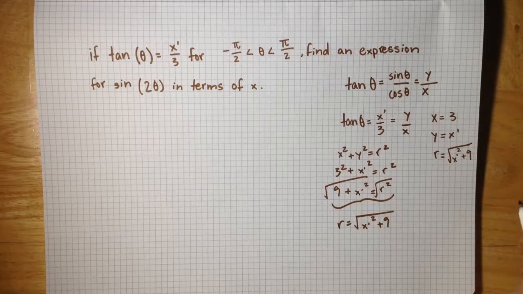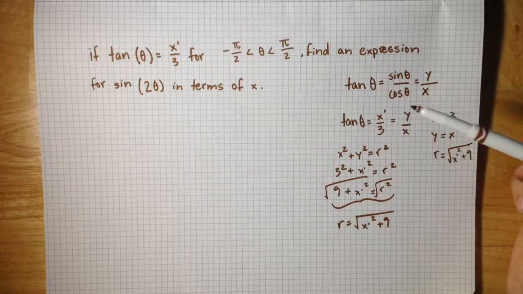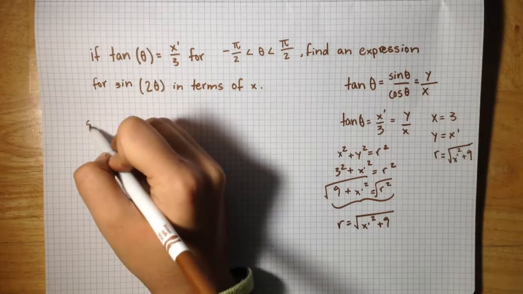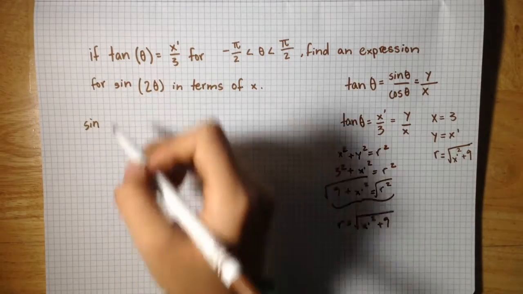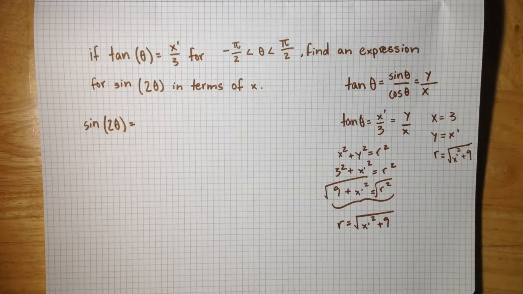The double angle equation for sine is sine 2 theta is equal to 2 times the sine of theta times the cosine of theta.